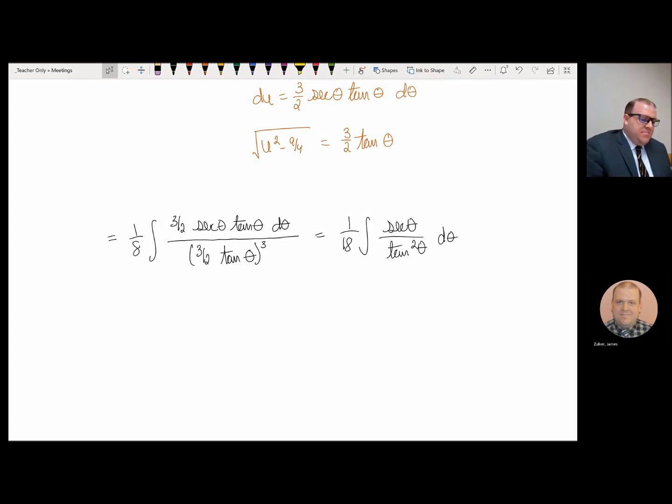So if you did that, what would you get? You're right, but I'm going to do it simpler. 1 over tangent is cotangent, which is cosine over sine.